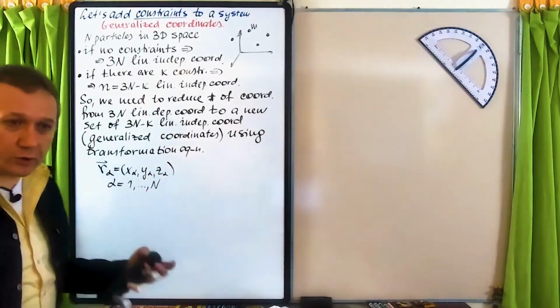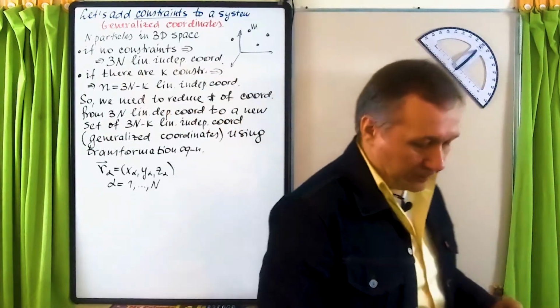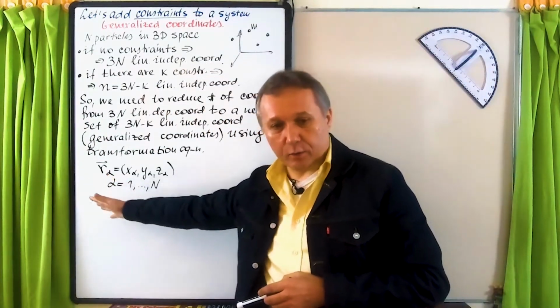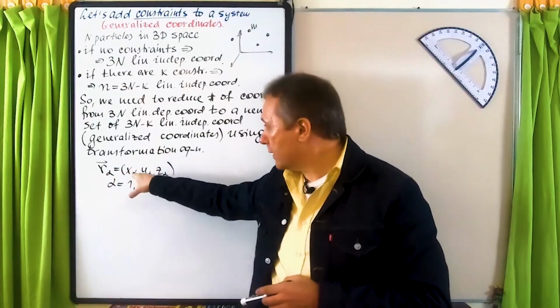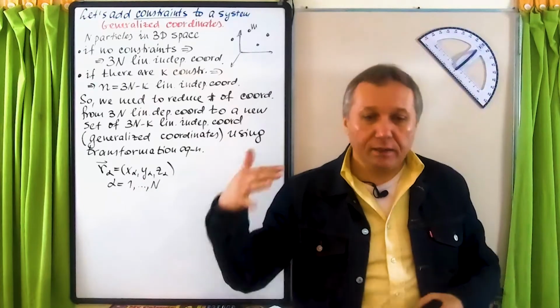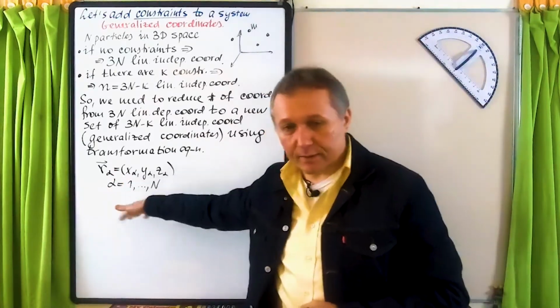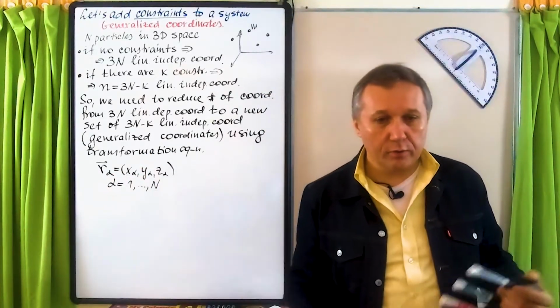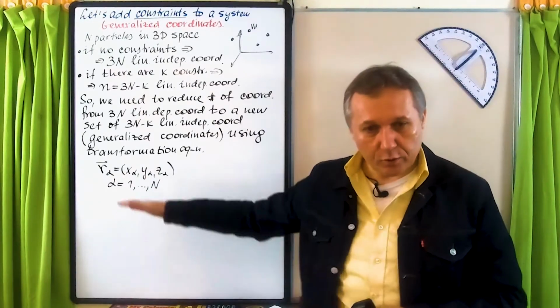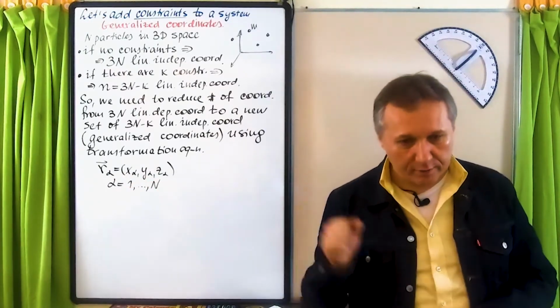That's what you need if there are no constraints. And in that case, if there are no constraints, this set of all these x, y, and z's will be linearly independent. But if there are constraints, this set is no longer going to be linearly independent. So we need to move to a new set of generalized coordinates.